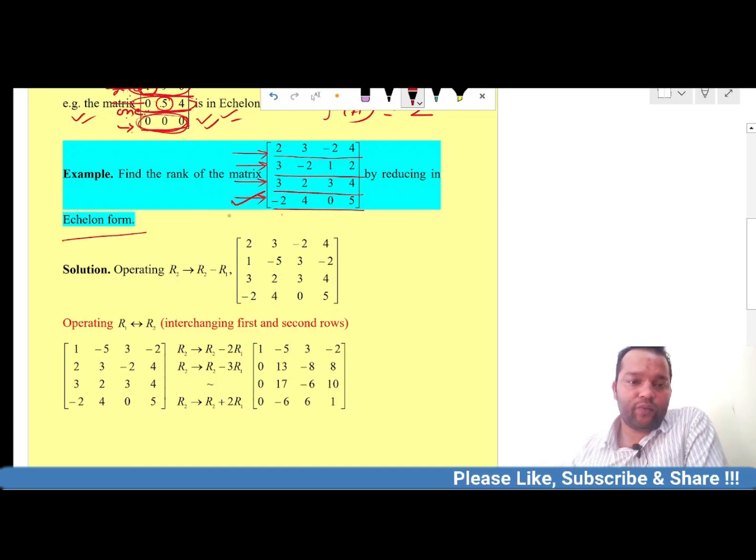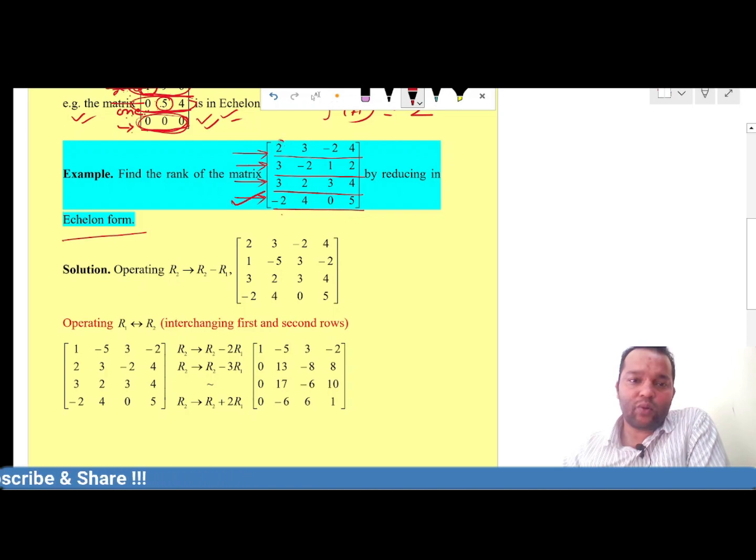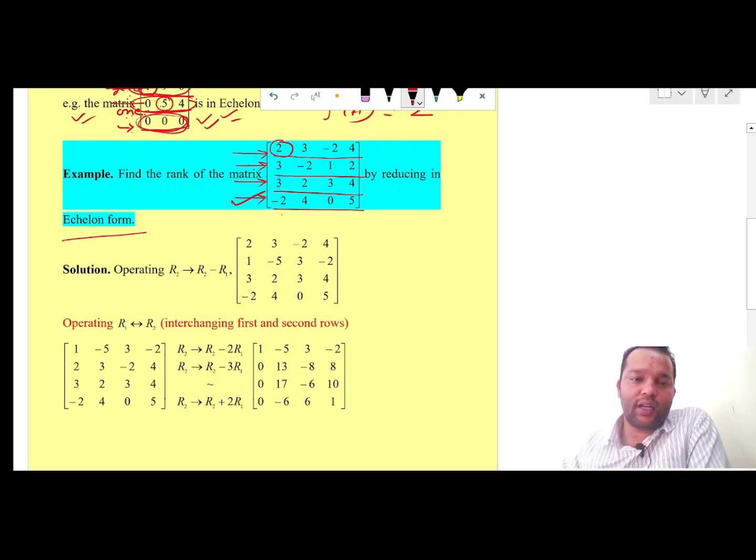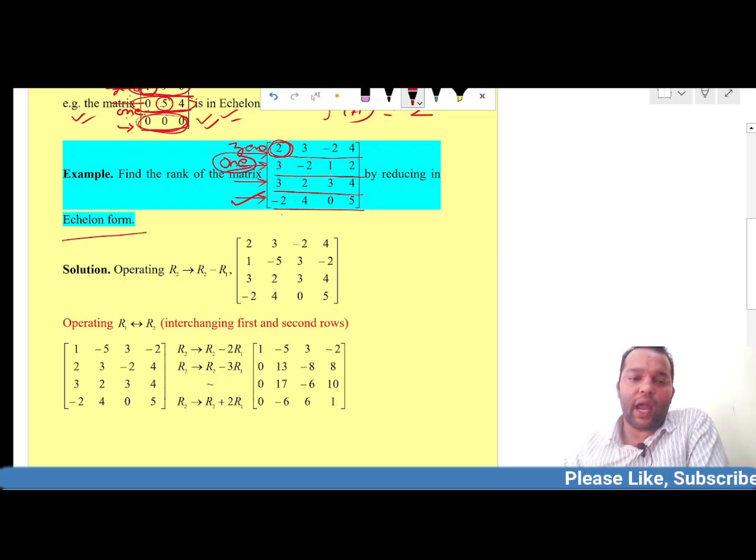Now to verify the third condition, in the first row this entry is a non-zero entry, and the number of zeros before it is 0. So for echelon form, at least we have to transform the second row into another row in which the number of zeros before the first non-zero entry is at least 1.